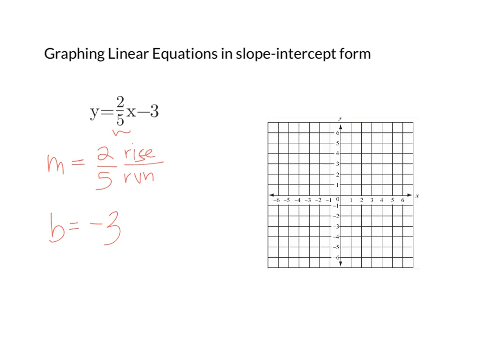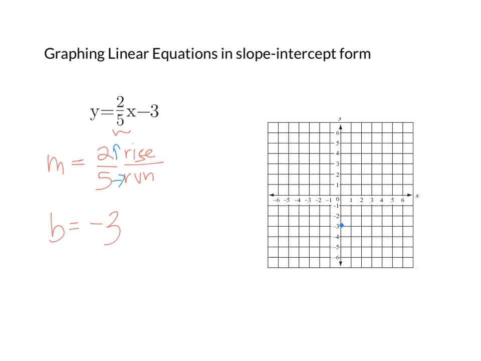This tells me that my line intercepts my y-axis, my vertical axis, at -3. So what I'm going to start off with is graphing a point at y equals -3. This is my y-intercept. You should always plot the y-intercept first and then move according to your slope. My slope is 2/5, so I know my line is going to be going up 2 and to the right 5.